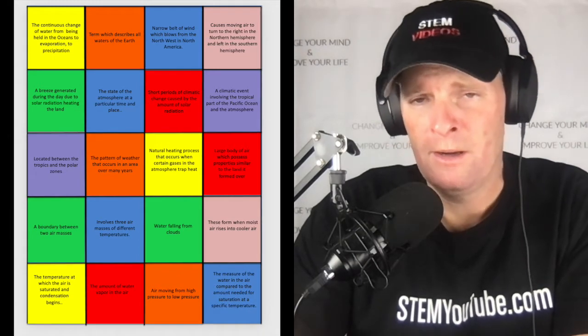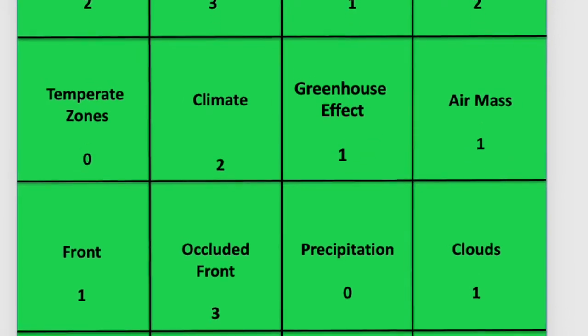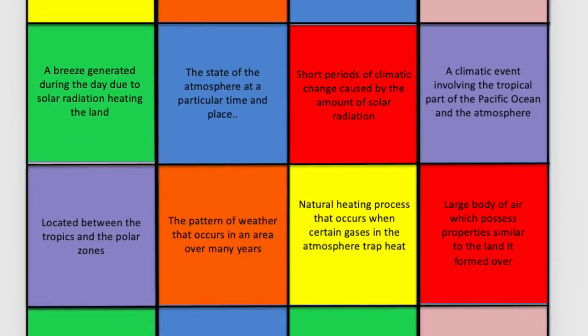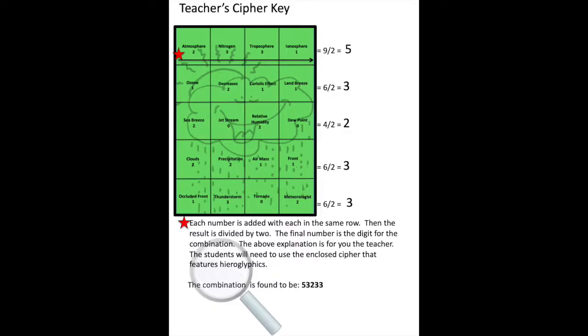And of course, the students are going to be given all these different words that have been cut out, and they're going to have to overlay them over top of the appropriate definition. Each word has a corresponding number that's been assigned to it. And then the students are given directions to add the different numbers, and then divide by a certain number in order to come up with a single digit for each row. I know it sounds confusing, but it's not.